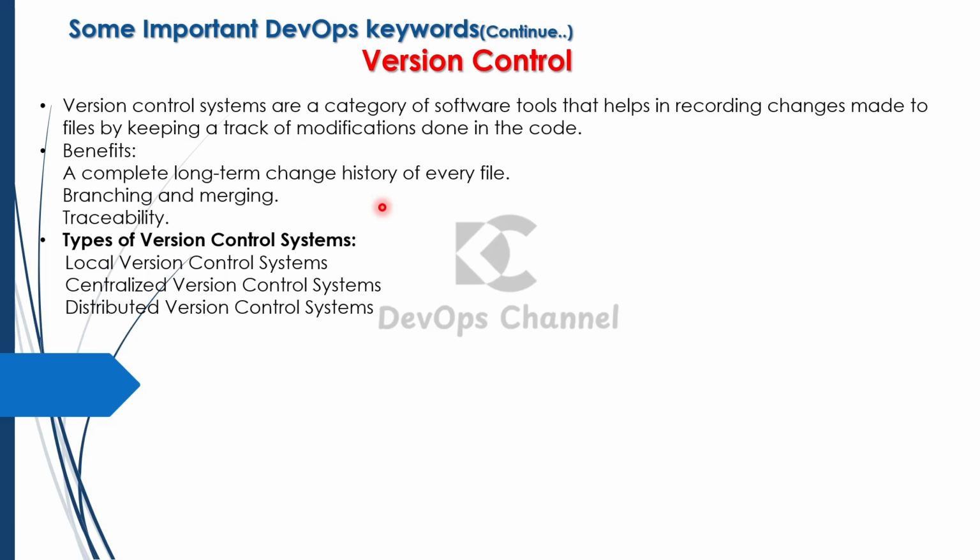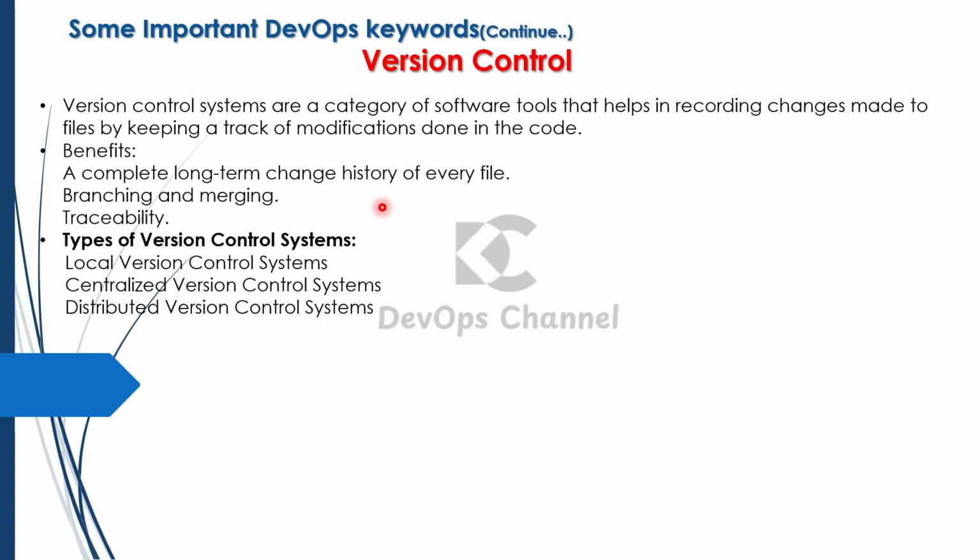First one is local version control system. Second one is centralized version control system, and third one is distributed version control system. Among these, they all have their own advantages and disadvantages, but the most used one is distributed version control system. So let's discuss them one by one.